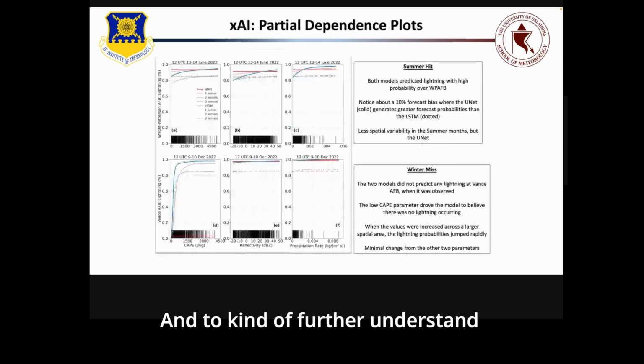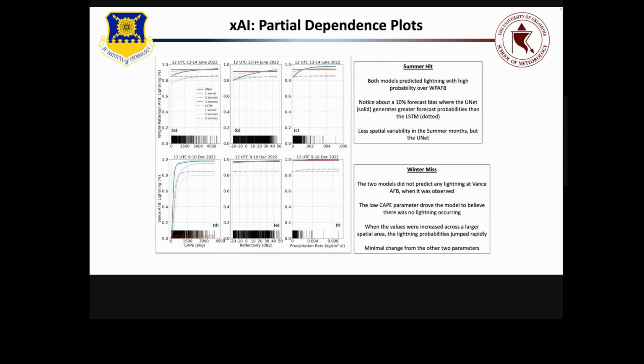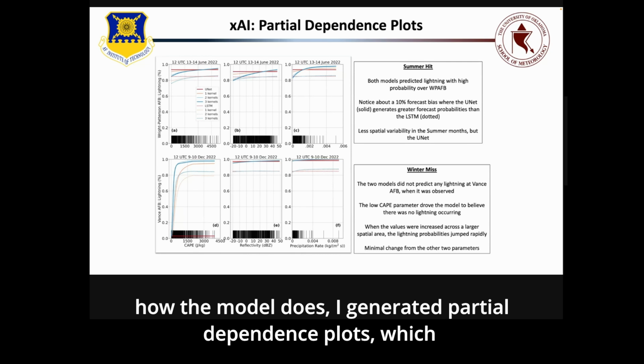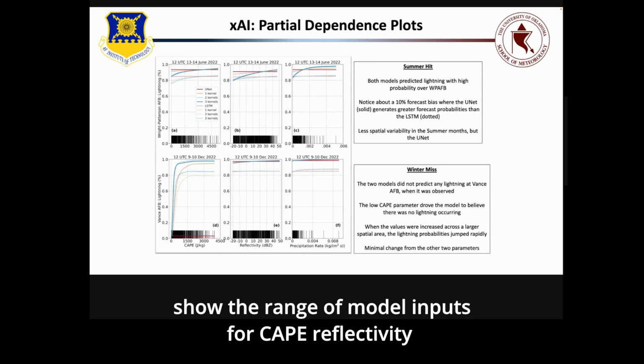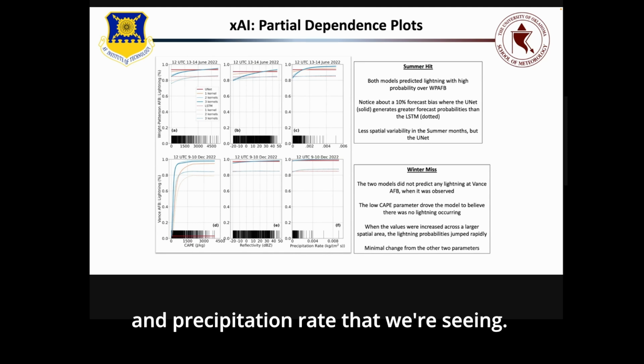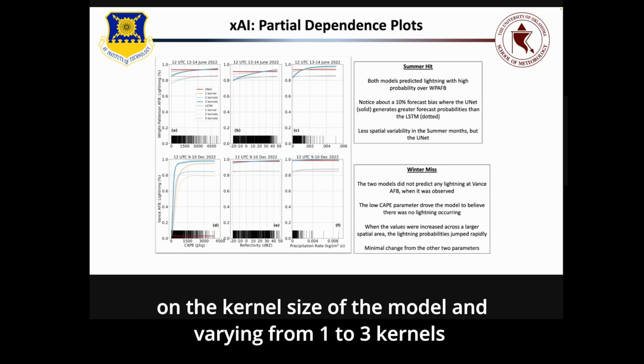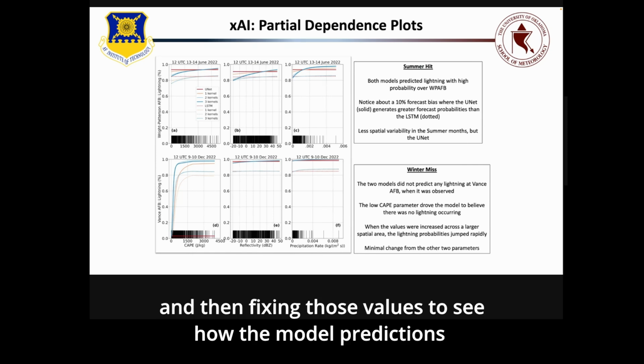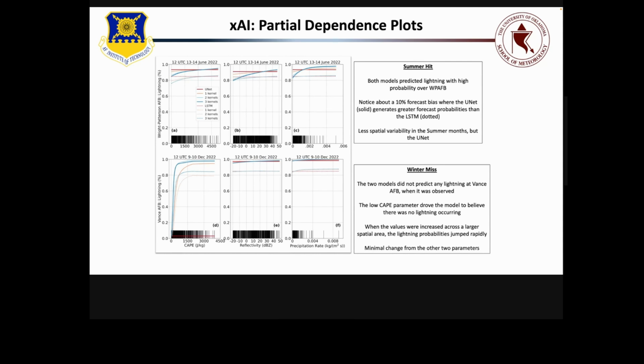And then to further understand how the model does, I generated partial dependence plots, which show the range of model inputs for CAPE, reflectivity, and precipitation rate that was seen. And then I varied the model inputs based on the kernel size of the model, varying from 1 to 3 kernels, and then fixing those values to see how the model predictions change.